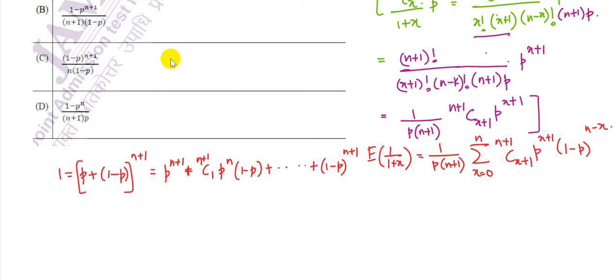So now you look at this expression out here, which is the sum of all the terms starting from x equal to 0. That means it will start from n plus 1 c1 into p to the power 1 into 1 minus p to the power n, right.